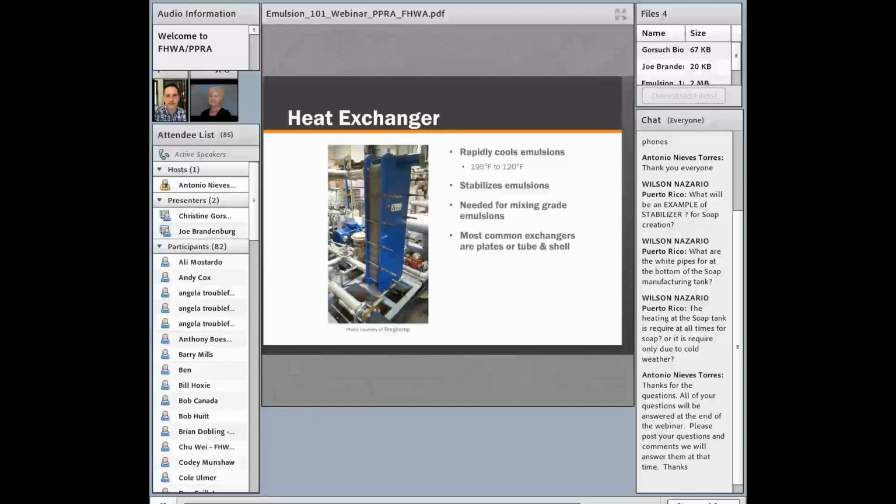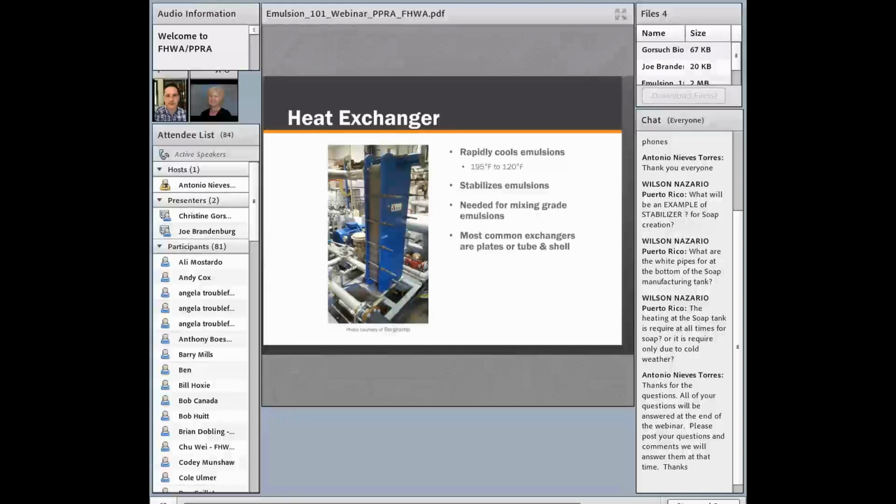So again, if you need to rapidly cool your emulsion, I would talk to your chemical vendor and even your polymer vendor to figure out the best type of heat exchanger for you to use. I will say that plate exchangers, in my experience, are a little easier to use because if you do clog up your exchanger and you have a second set of plates laying around, you can swap out the plates fairly quickly.